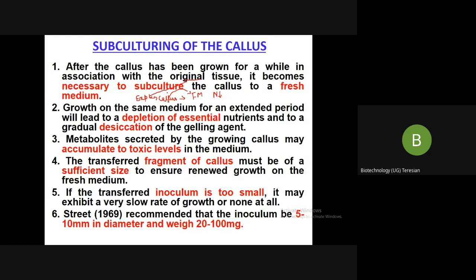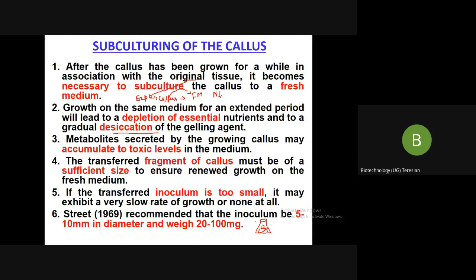So what happens? Desiccation of your gelling agent happens. Desiccation means drying. See, if this is your conical flask, and this is my media and here is my callus, it starts desiccating. It becomes dry and it will be only this much, no more to the walls your media is present.